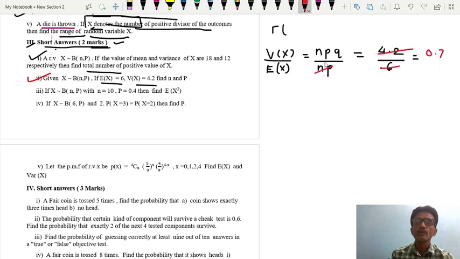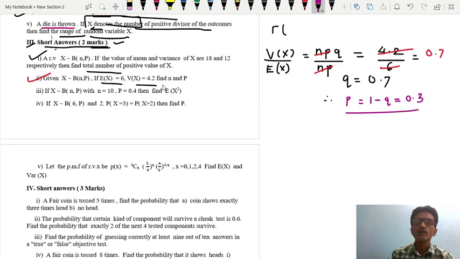Here np is also getting cancelled, and you will be getting q equal to 0.7. Therefore p is equal to 1 minus q, and it is equal to 0.3.